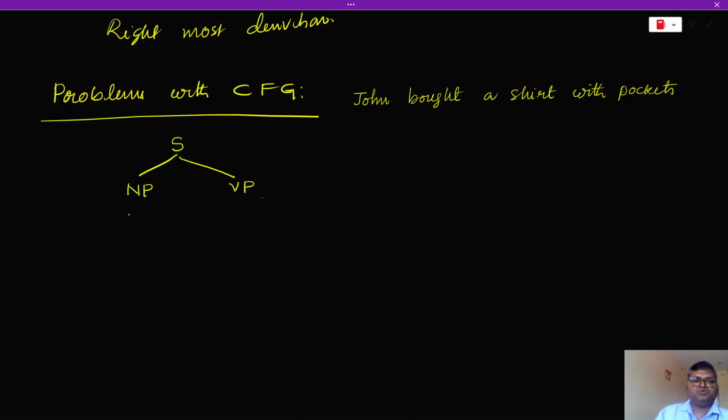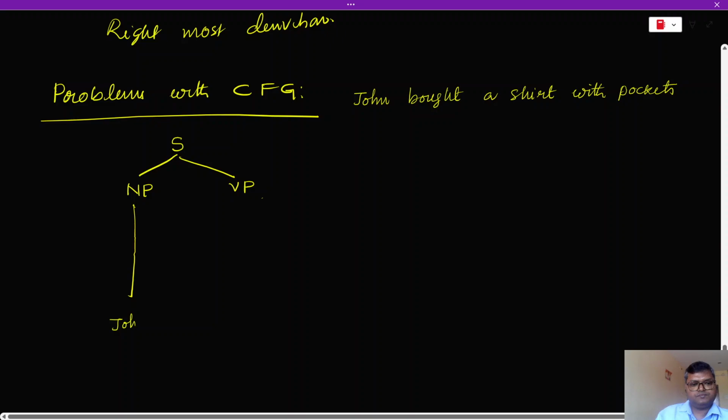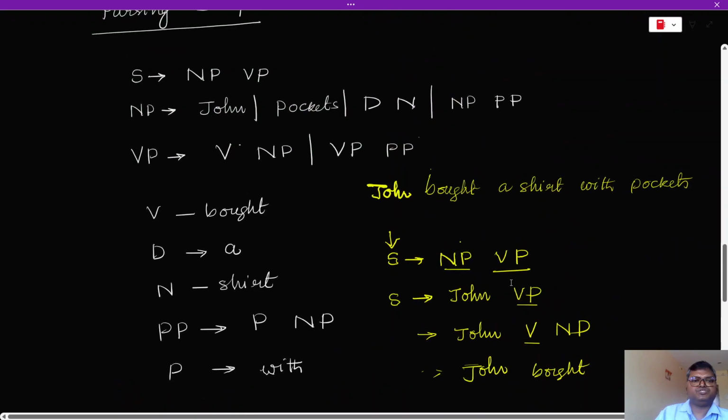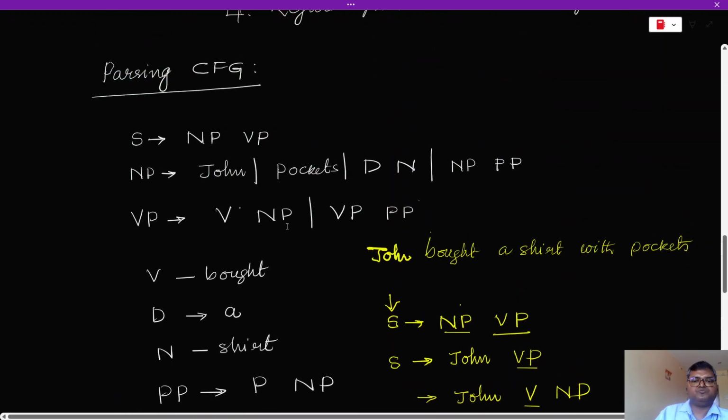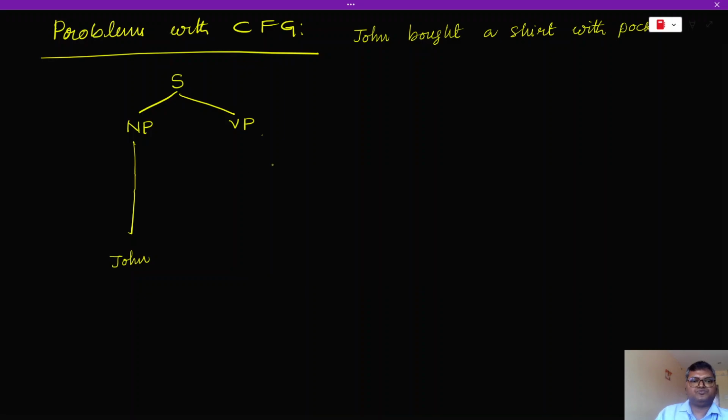Then noun phrase can be written as John, and verb phrase can be written. What is the equation I have? Verb and noun phrase. So this I will write as verb and noun phrase.